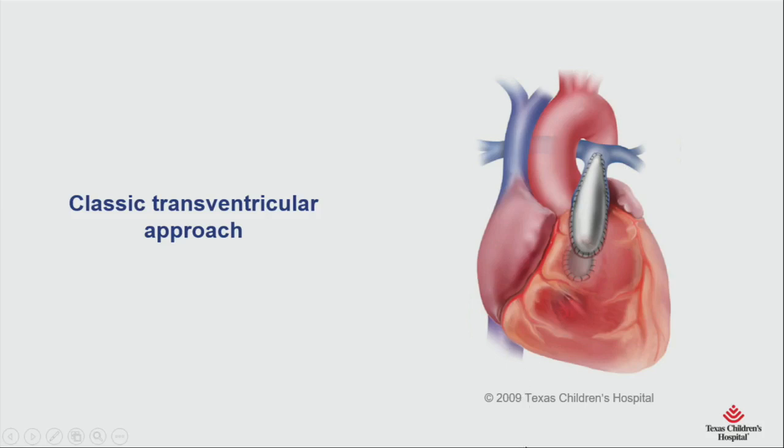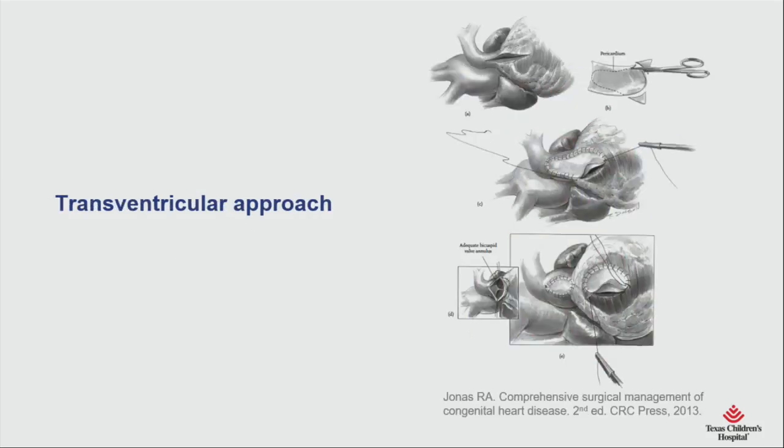This is very effective to relieve RVOT obstruction. The operation is technically the easiest of all the approaches. The problem is that you're actually doing a big ventriculotomy that is probably going to have consequences in the long term for your patient. Another approach that has been used is the isolated transventricular approach, where you do a ventriculotomy to close the VSD and relieve the obstruction.